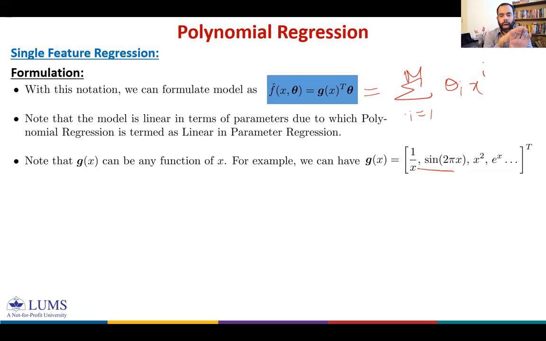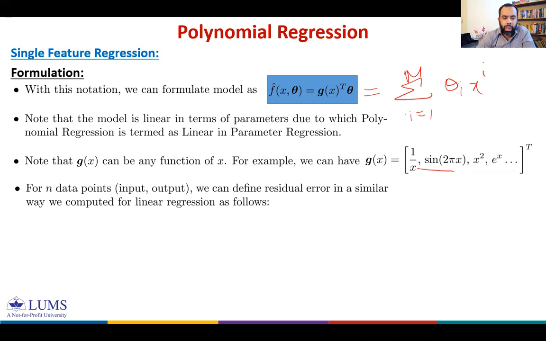I have an input that goes through g of x, and g of x goes to the model. So for this formulation of the model, I can again define the residual error, and we will define the loss function.